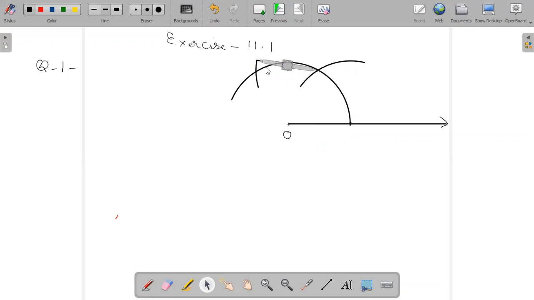Now you can change the radius if you want, but we don't have the place, so decrease it and at these two points draw two arcs.